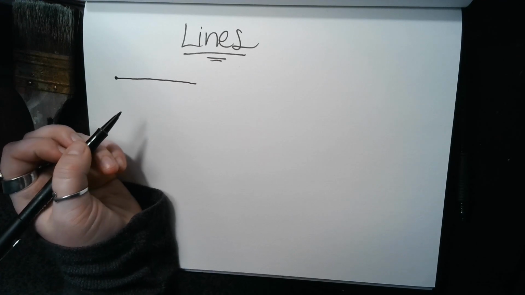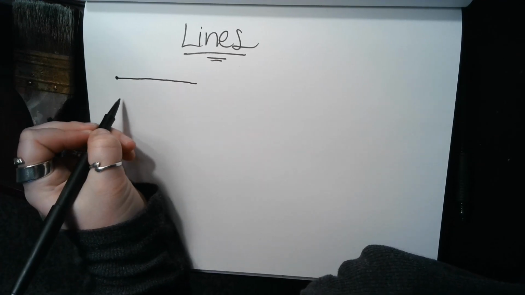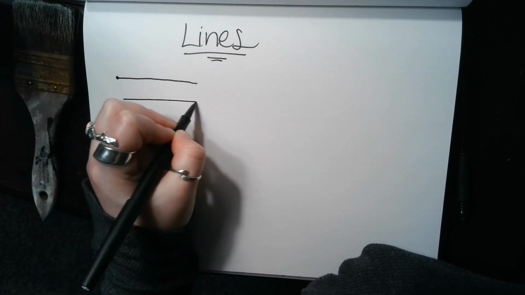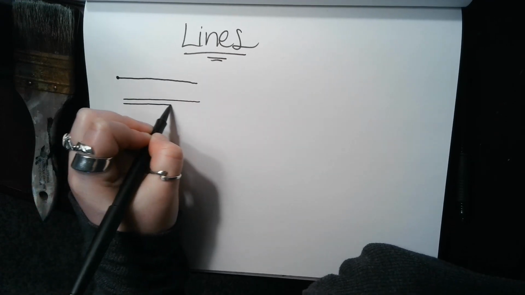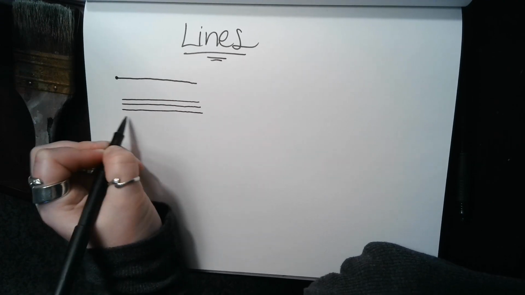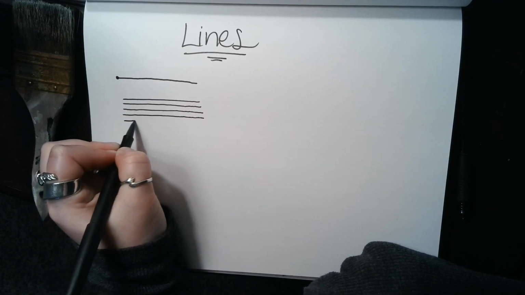Use whatever your dominant hand is, place the side of your hand on the paper, and see if you can steadily draw a few straight lines. See if you can have the same thickness in between each of them.